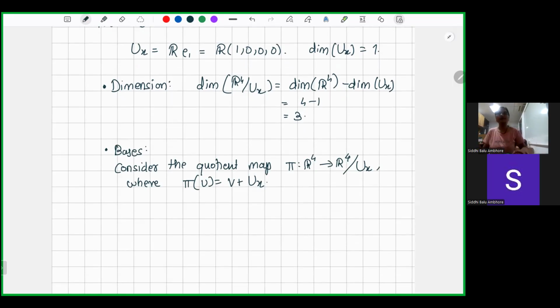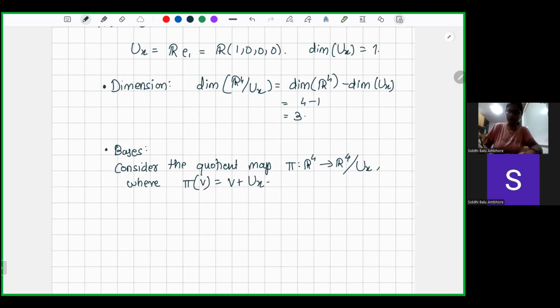Sorry for that. And for basis, we consider the quotient map pi from R4 to R4 quotiented by Ux, such that pi of v is v plus Ux. I hope you know what this means.